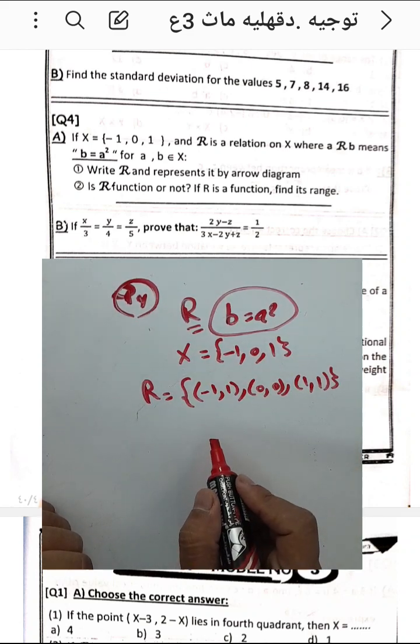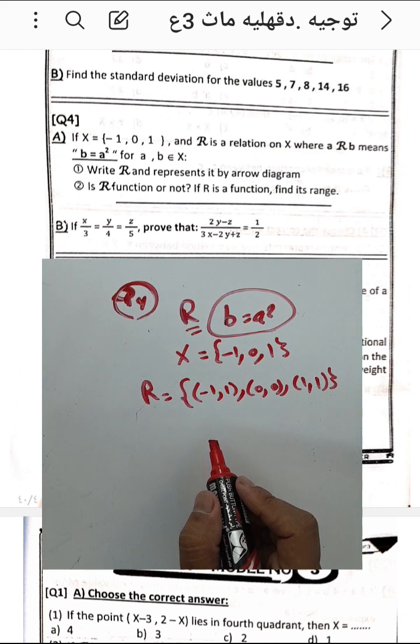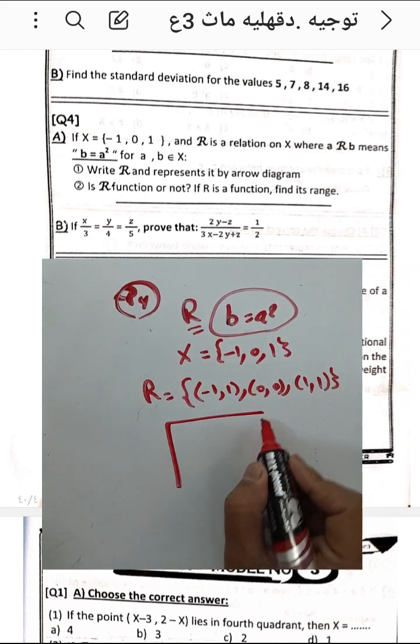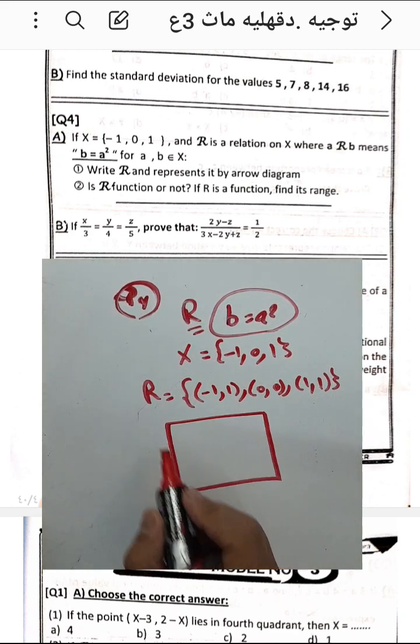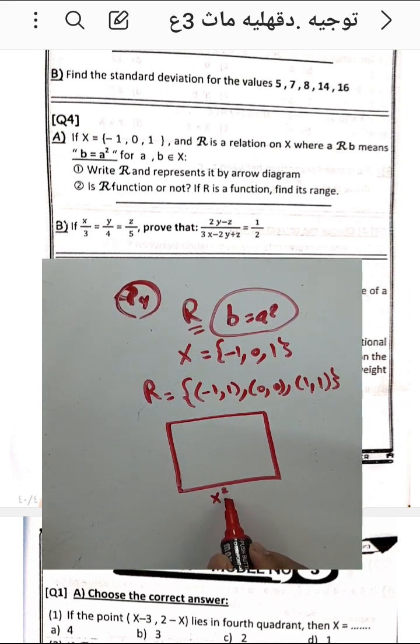Okay, understood? Then we can draw tables reverse to x2. Here x itself, or this relation here about x.